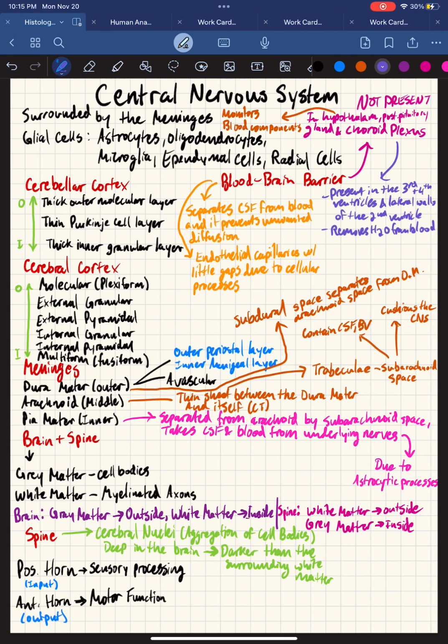And it also gets returned to circulation via the arachnoid villi. And it makes CSF, so that's pretty important too.